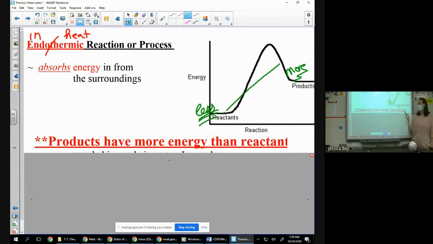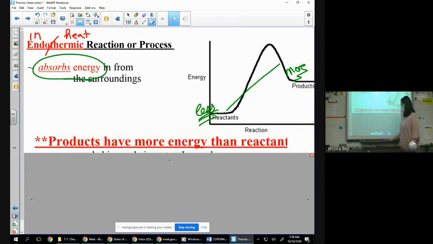Students will get very confused and say, oh, that means it must be hotter at the end. No. We're talking about how it's putting energy into its bonds and it's absorbing energy from the surroundings. Okay. So the products have more energy. Not that they're warmer, it's just that they have more energy.